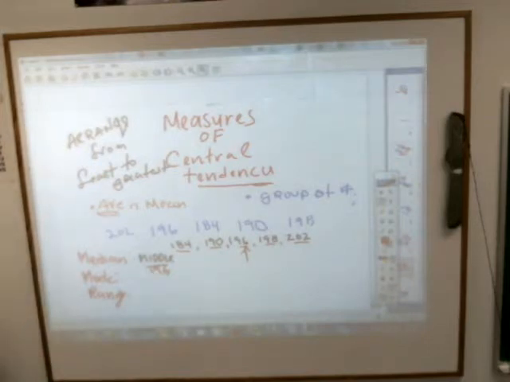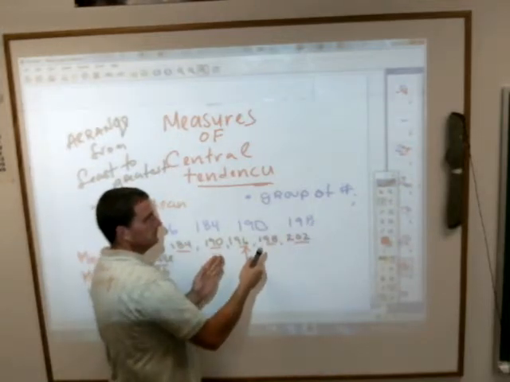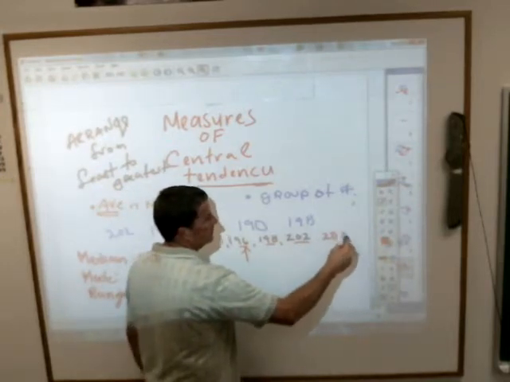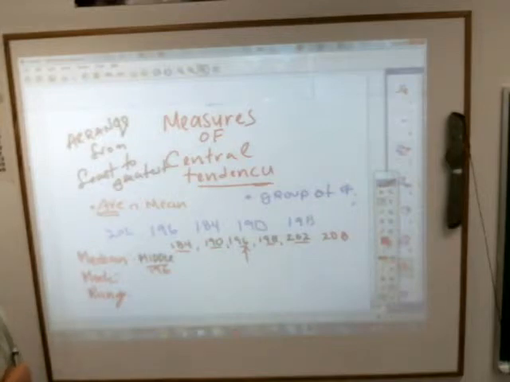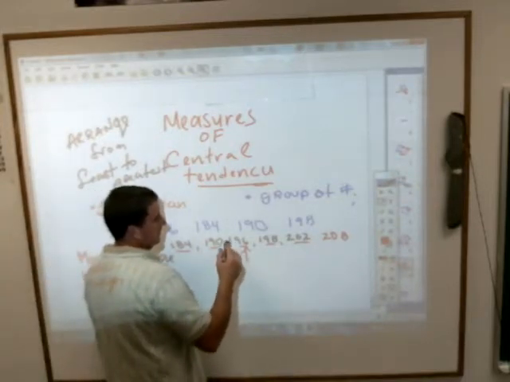Now somebody at this point should ask me a question. Holly? What if there is no number? Thank you. What if, when there's an odd number of data, you have a middle. But if there would be another number over here, let's say 208, what happens there, Kendall? 196 to 198. It is not, but you're close. 197.